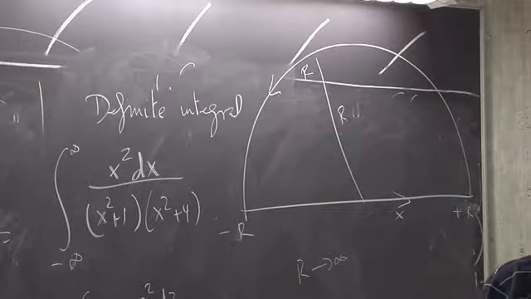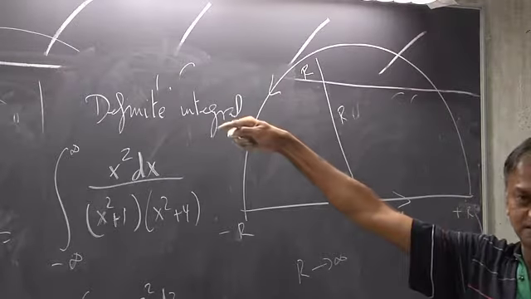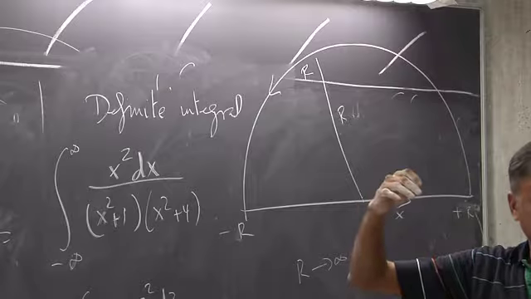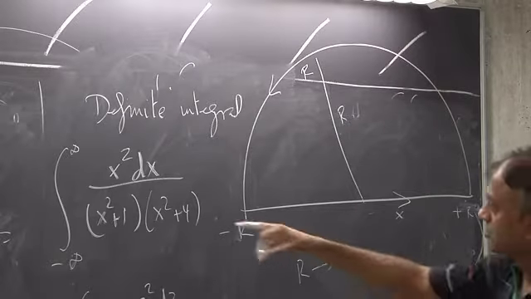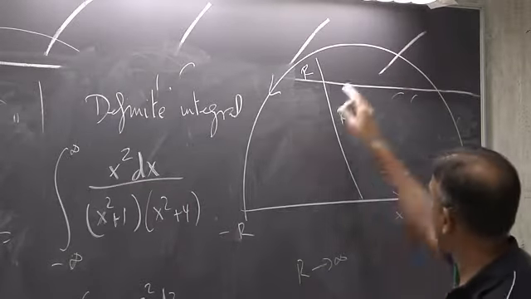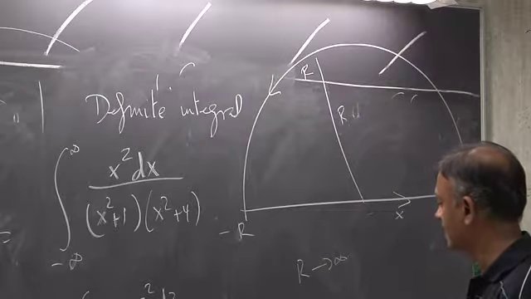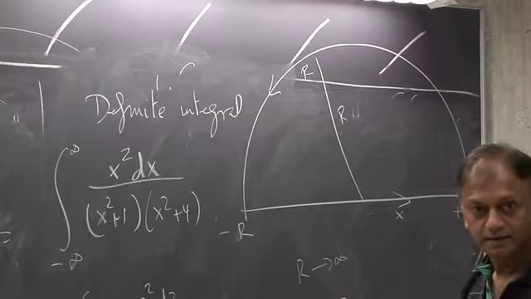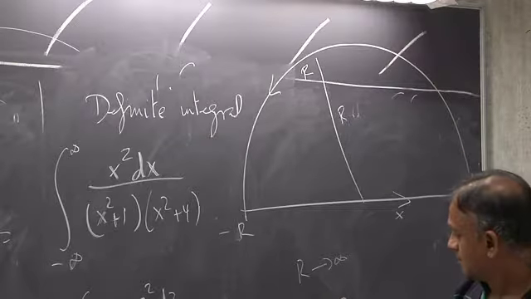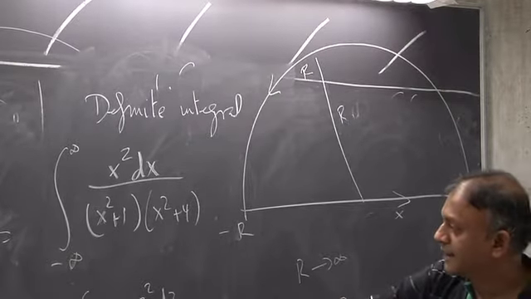Now if somehow you can show that that part of the integral vanishes in the limit R goes to infinity, which is not surprising, because when z is large, on this semicircle z is R times e to the i theta. So how many powers of R will appear in the numerator and denominator?